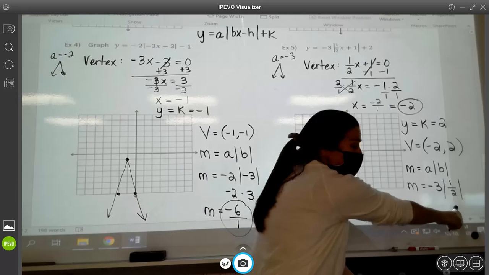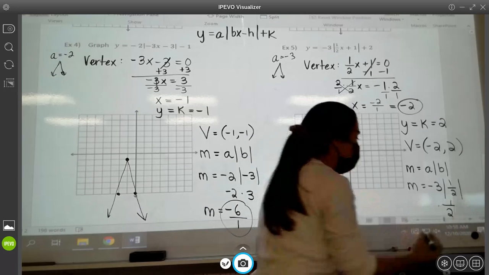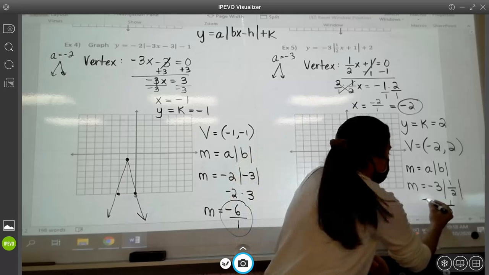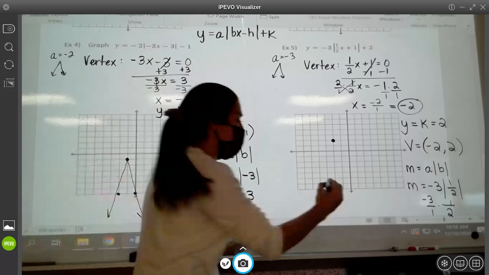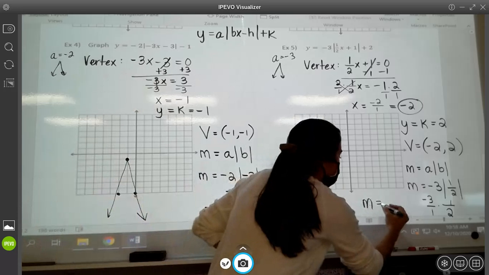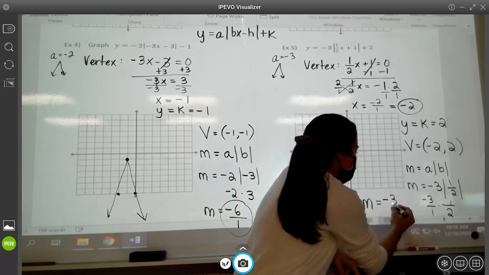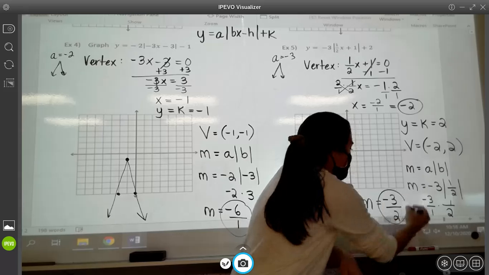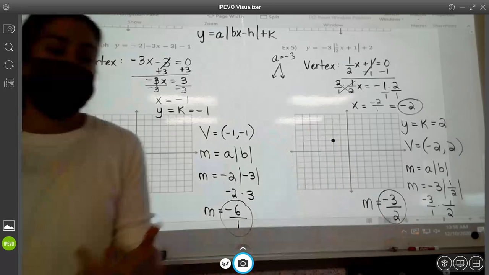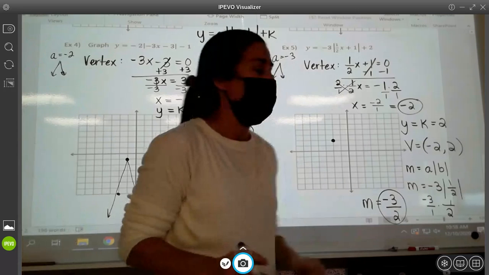The absolute value of 1/2 is 1/2. You're going to multiply that with -3. And if you want, put them over 1 so you can see your top and your bottom line up. So at the end of the day, the slope of this V is going to be -3 times 1 is -3, over 1 times 2 is +2. So our slope is -3/2. We have not seen a slope like this for the V graph yet.